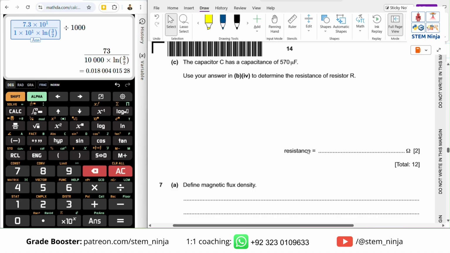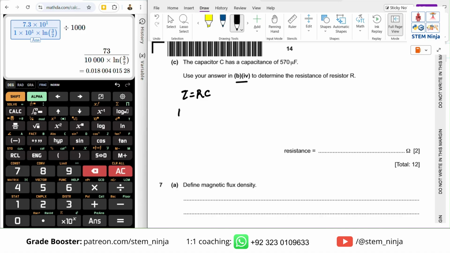The capacitor C has a capacitance of this. Use your answer in B to determine the resistance of resistor R. Okay, so we know that the time constant is equal to the product of effective resistance and the capacitance. The time constant we have already figured out.